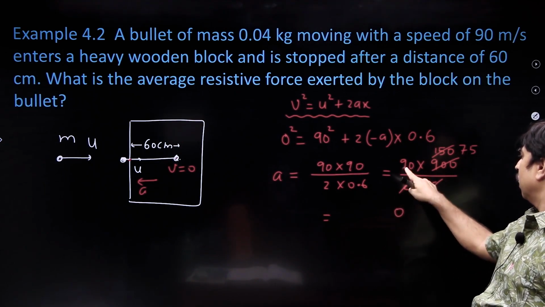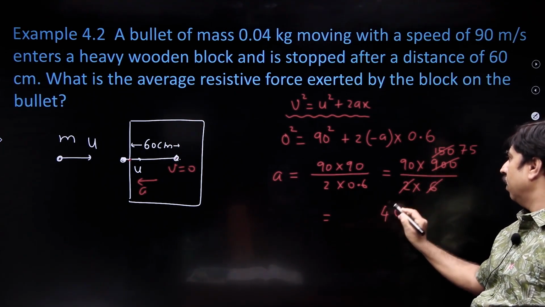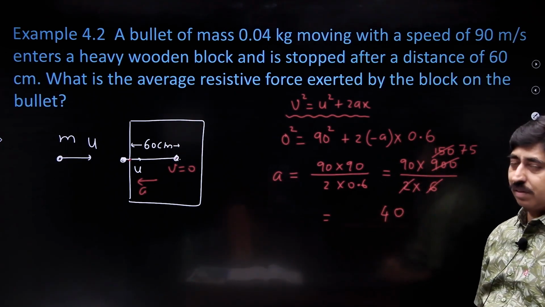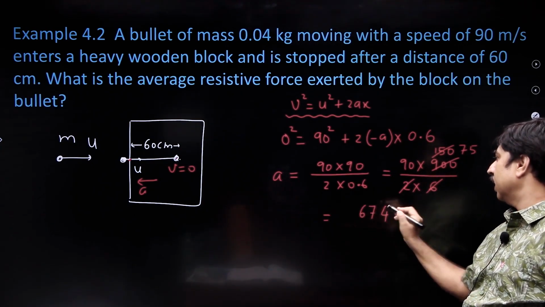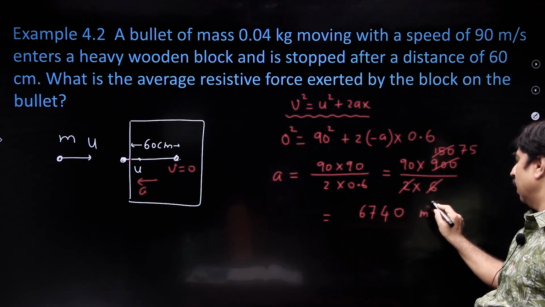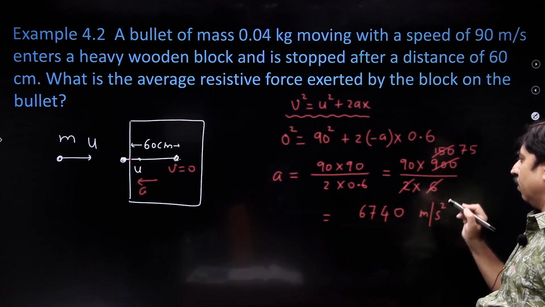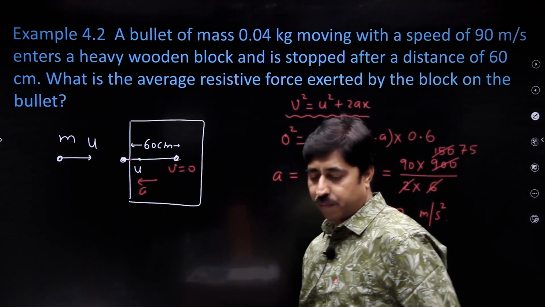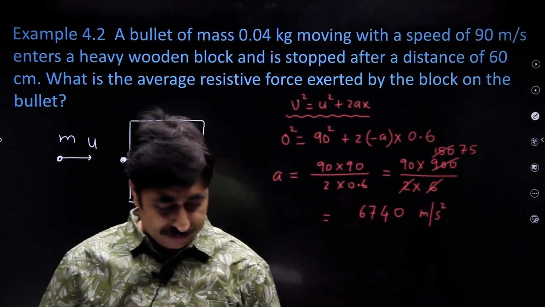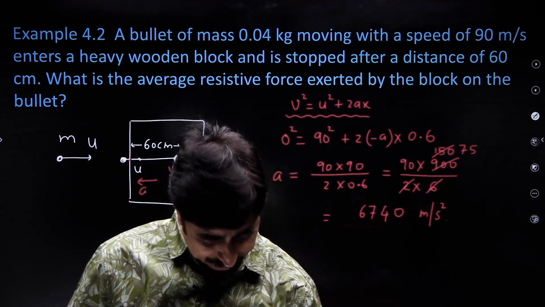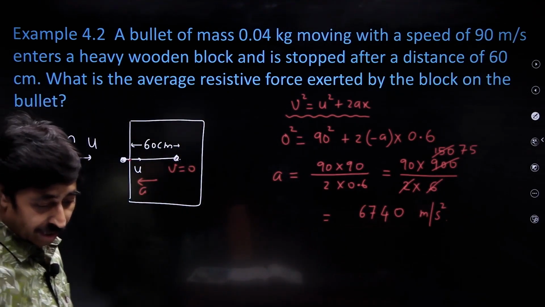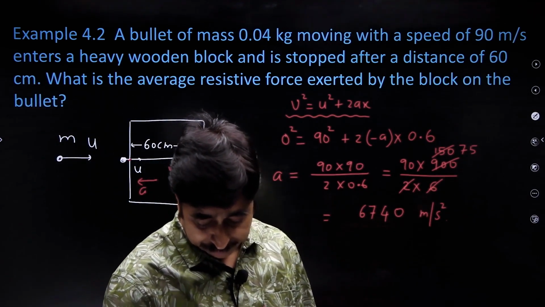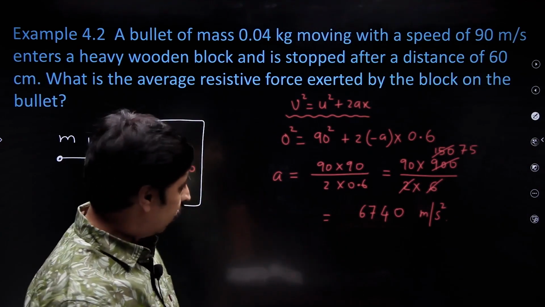9 fives are 45, 9 sevens are 63 and 4, 67 meter per second square. Please check if I have made some mistake. Okay, I have the book in my hand. It says 6750 and I am getting 6740.